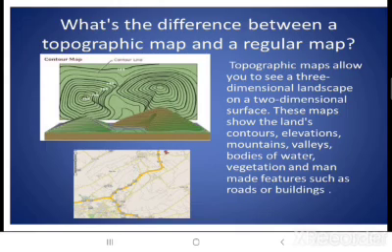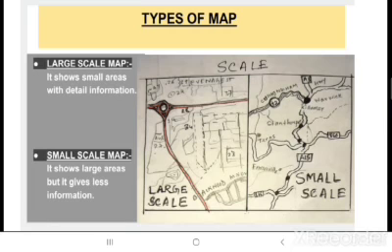But on the ground there's a particular length, width and height of that mountain, and all those details you can't present on a normal sheet of a map. So topographical maps are the ones which give you the three-dimensional figure of a particular object.